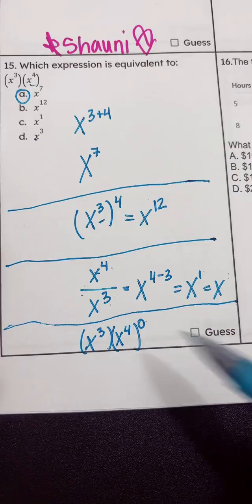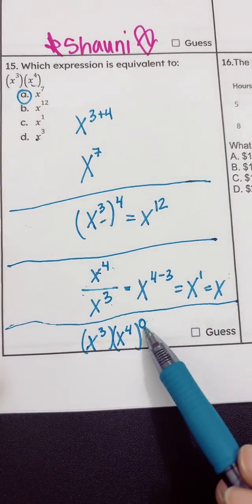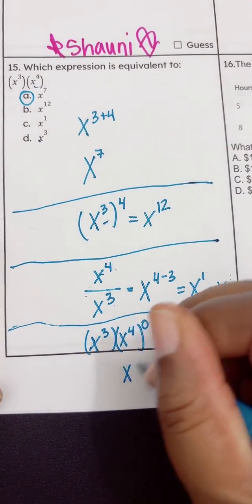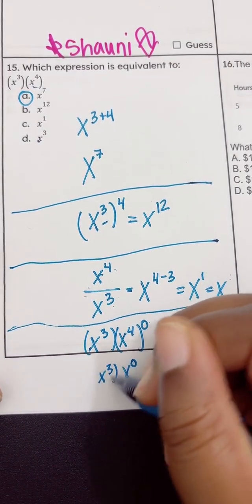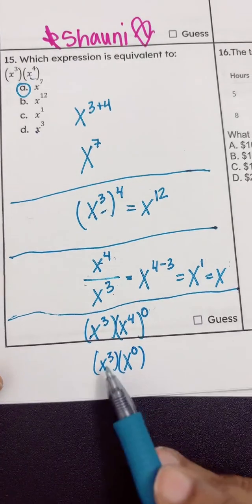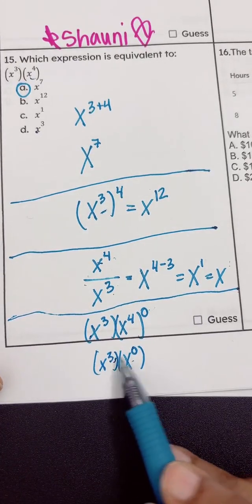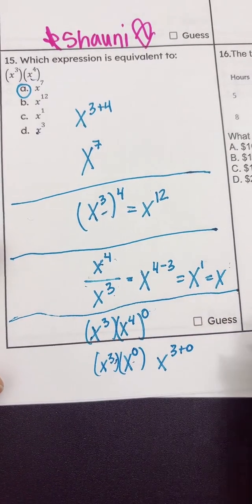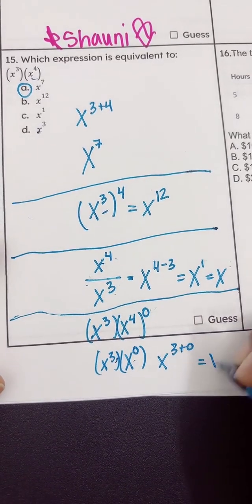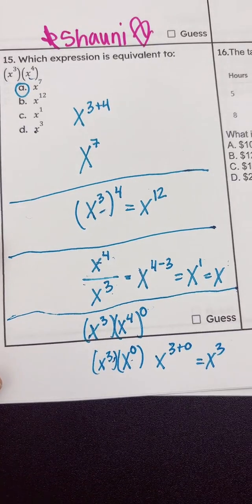Exactly. It goes to 1. So we would say 0 times 4, well, that would be x to the 0. Remember, when we multiply variables, we add the exponents, right? So we could rewrite this as x to the 3 plus 0. Well, then we would just end up with x to the third.